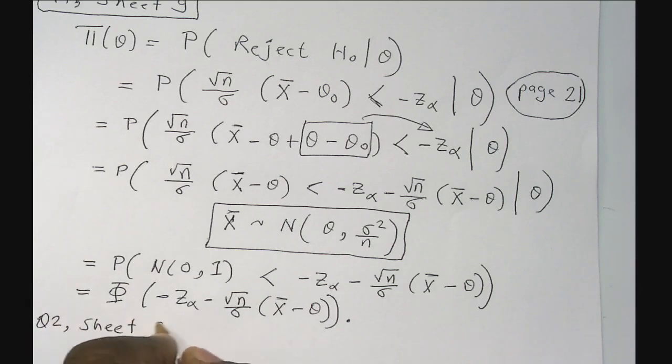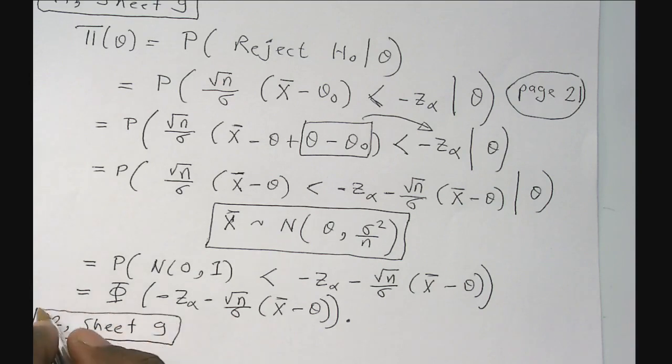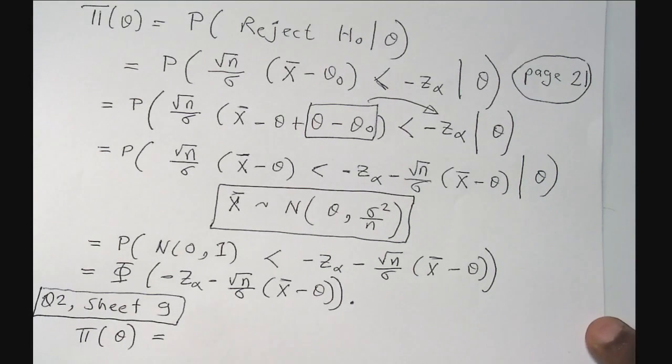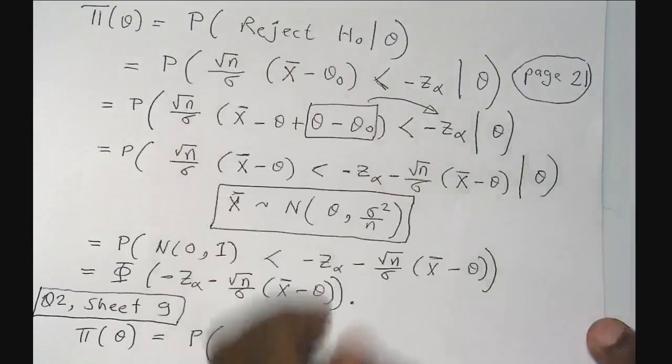question 2 is very similar to question 1, so I may just as well do it now, because the only difference in question 2 is just the rule. In this case, the rejection rule is pretty much the same as this one.